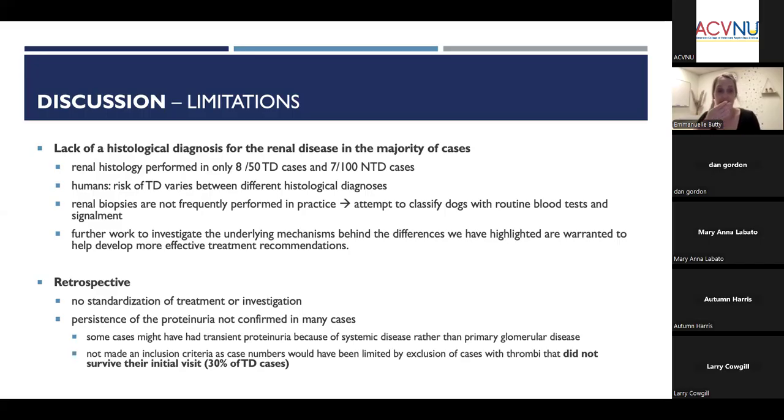But interestingly, they are justifying that by the fact that, especially for the group with thrombotic disease, that would have excluded a lot of them because 30% of the cases did not survive their initial visit, which I think is actually a very interesting finding and probably one of the reasons why I am so proactive with anticoagulation.